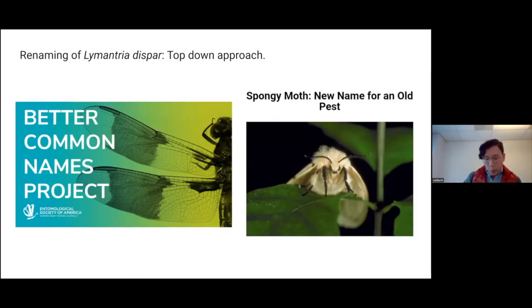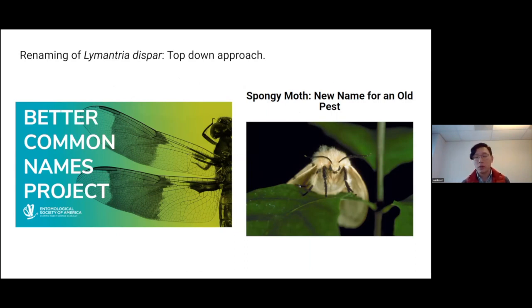So lucky for us, when we were considering and discussing this issue, the Entomological Society of America also started thinking about the same issue, whether there are inappropriate names being used for naming insects. And one of the first names they identified as being the most problematic was the gypsy moth, which has been decimating trees and forests in the northeast of North America.